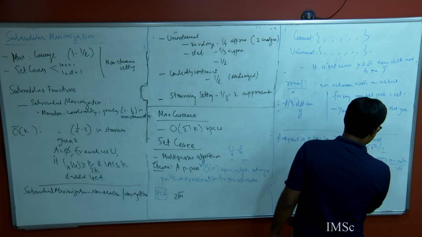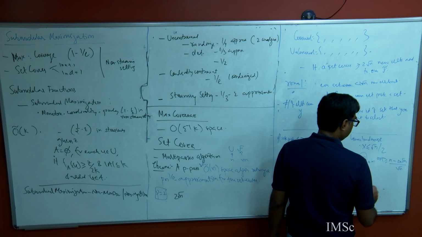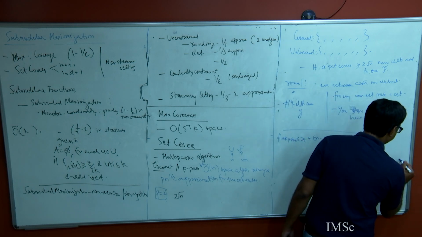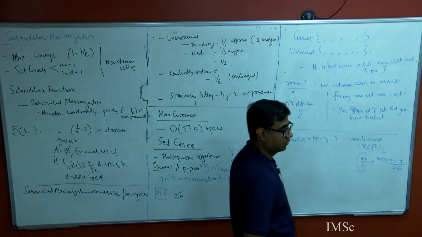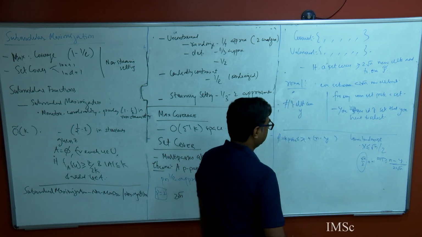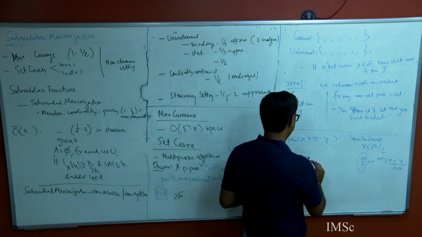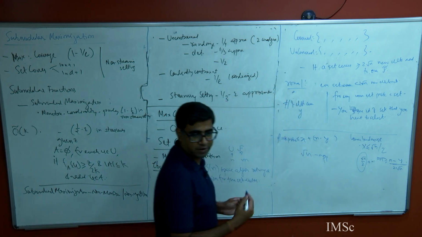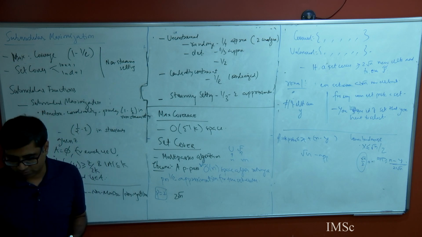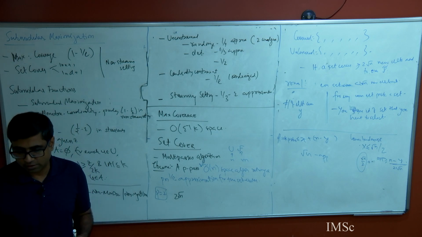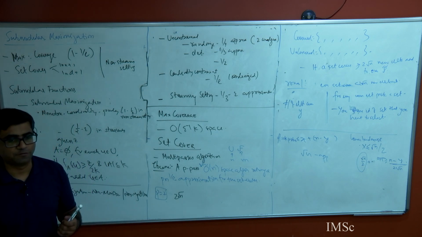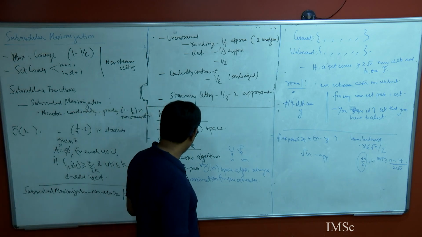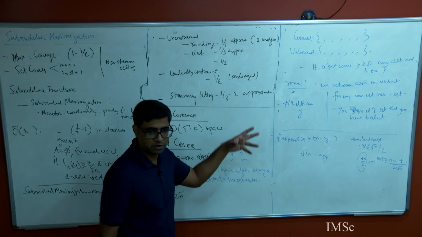So root n by 2, and opt you definitely know is at least n minus y by 2 root n. If you do the computation using this, you will get a root n approximation. This is the way to get a root n approximation. It is not very hard, but it gives you a feeling for why we are getting these kinds of bounds.